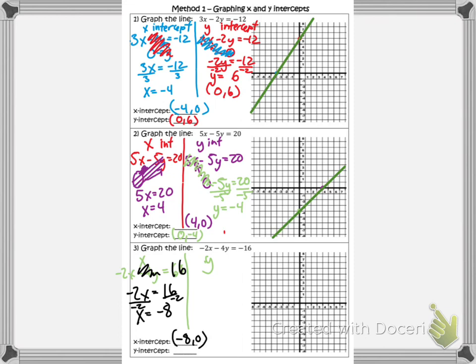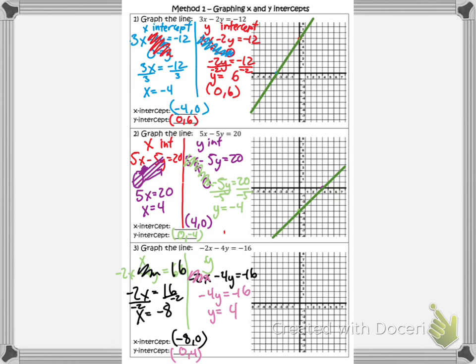Now for the y-intercept, I'm going to plug in the 0 for x. That is correct. That cancels out. I have negative 4y is equal to negative 16. And y is equal to positive 4. So I have 0, comma positive 4.